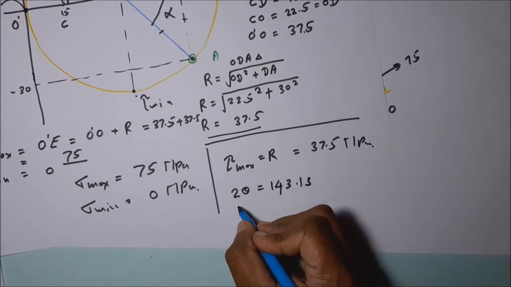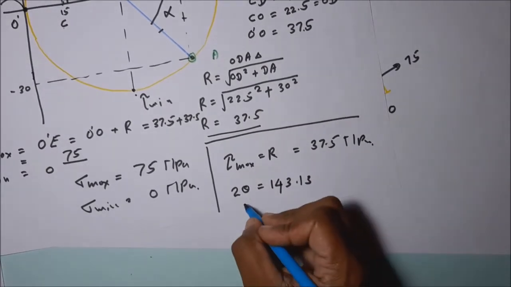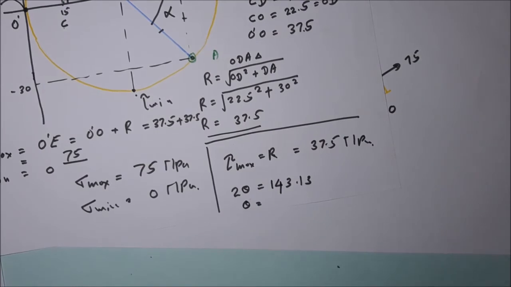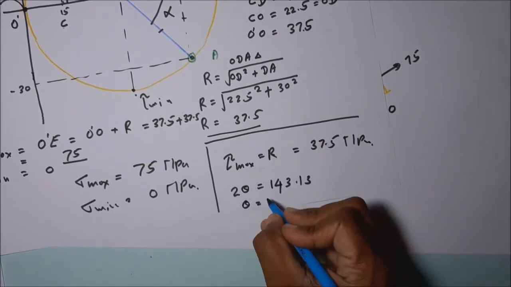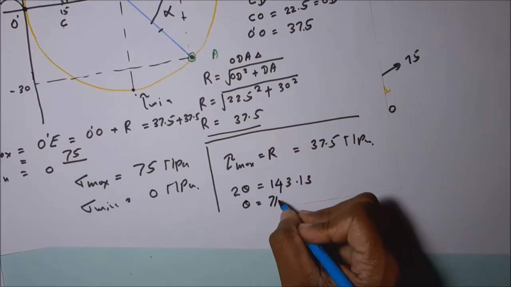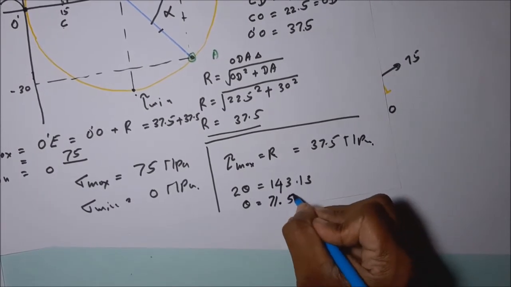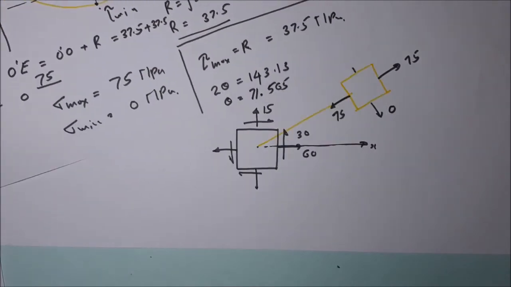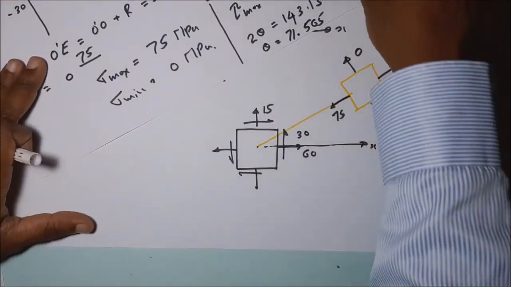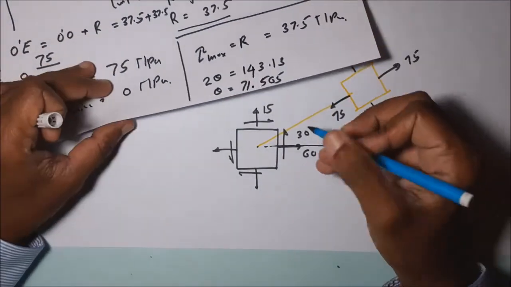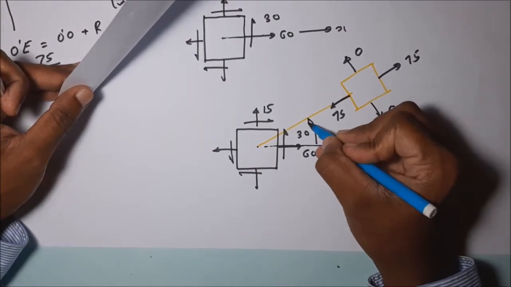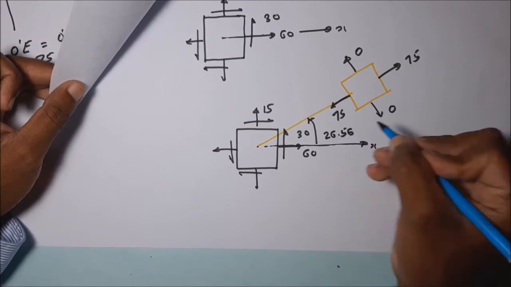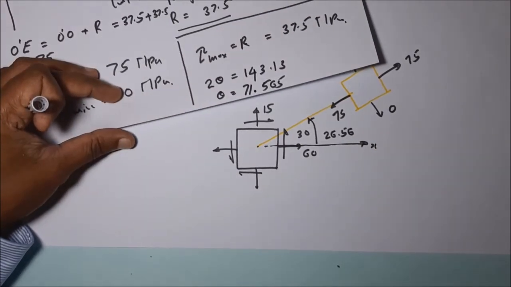Then we have to take half of this angle when representing on a two-dimensional plane stress. Theta is equal to 71.565. What is this angle for this one? 26.56.